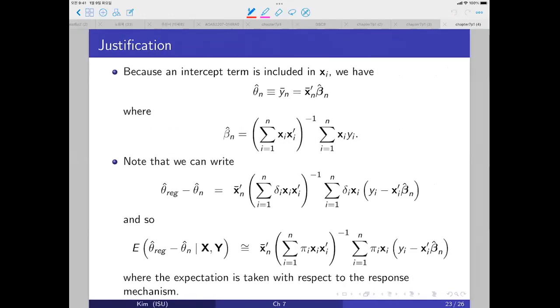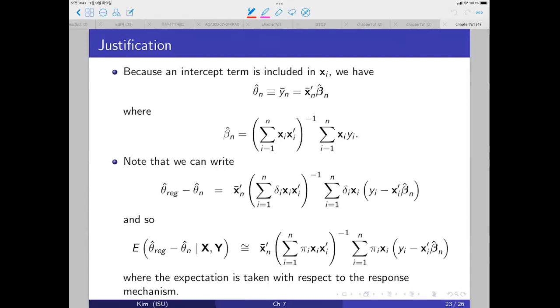Okay, here is a justification. First, note that if we consider no missing, then the y sample mean is the unbiased estimator.